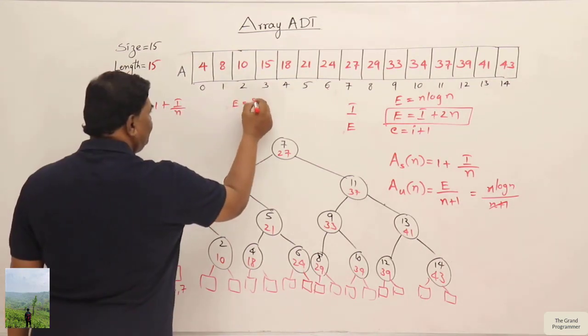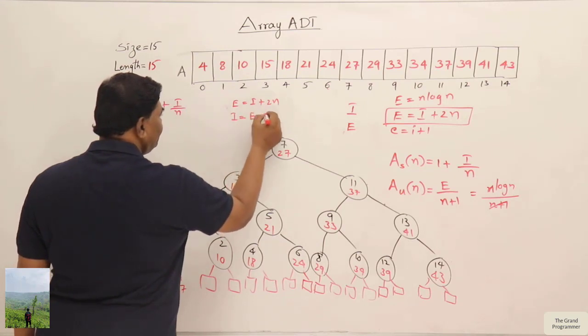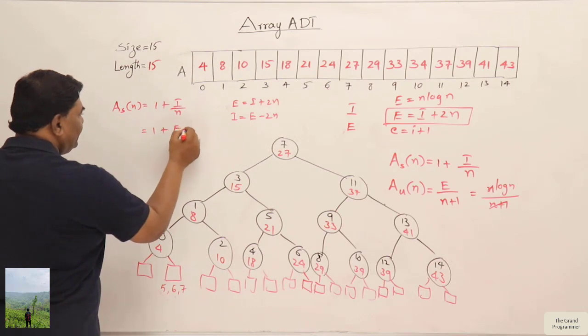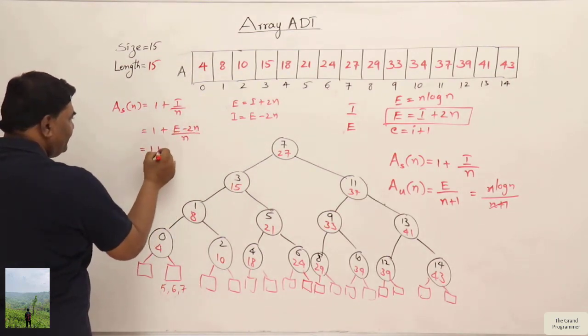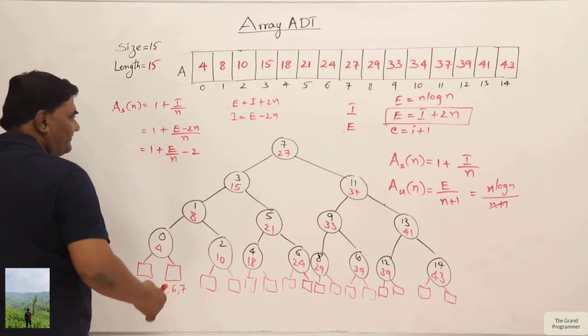E is equal to I plus 2n, so I is equal to E minus 2n. So this can be written as 1 plus (E minus 2n) by n. This can be written as 1 plus E by n minus 2.